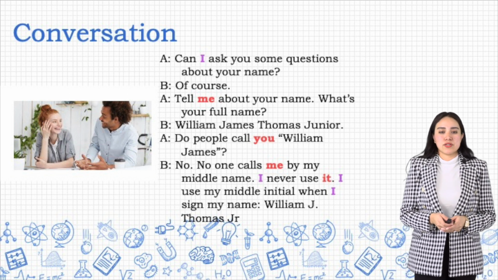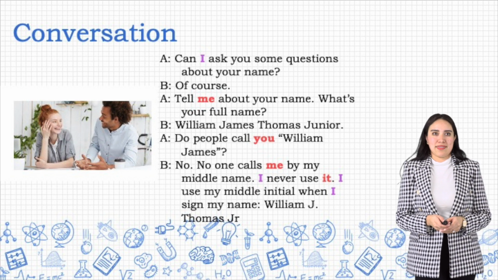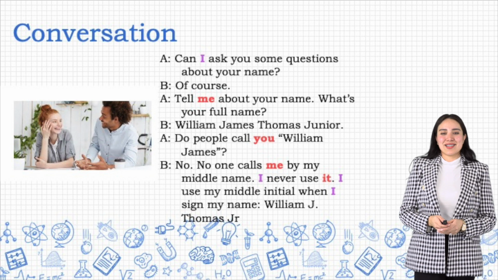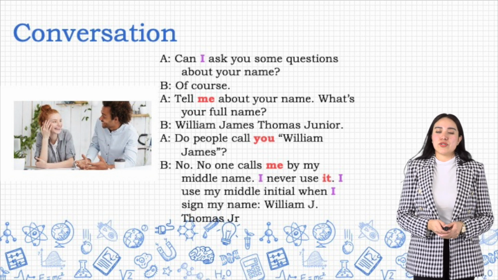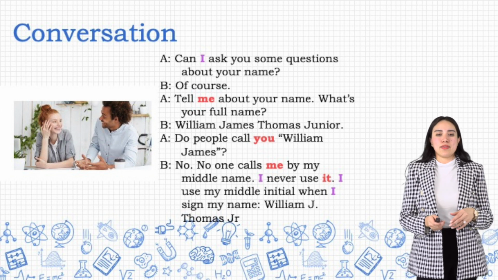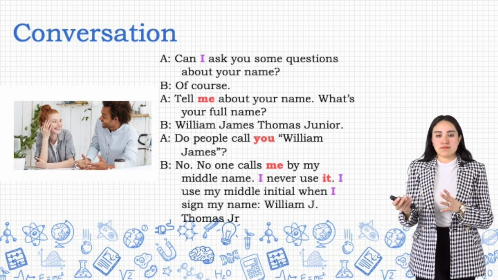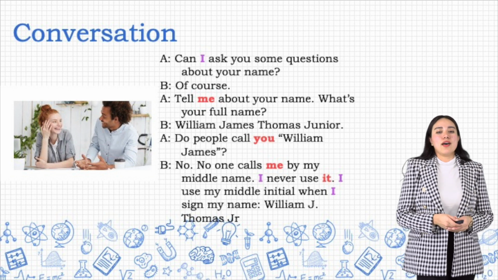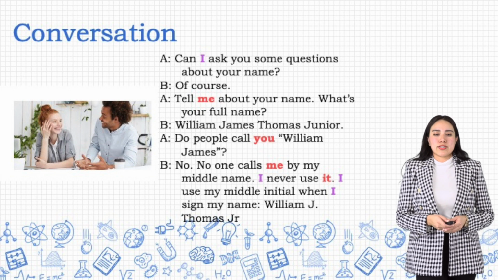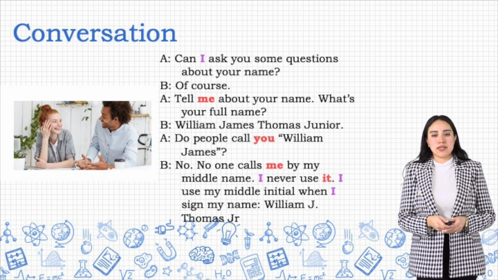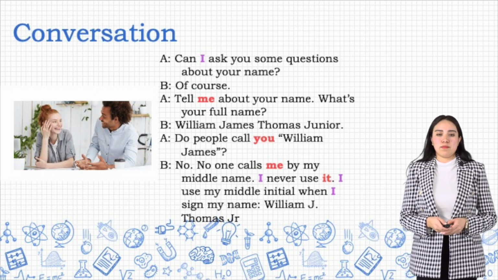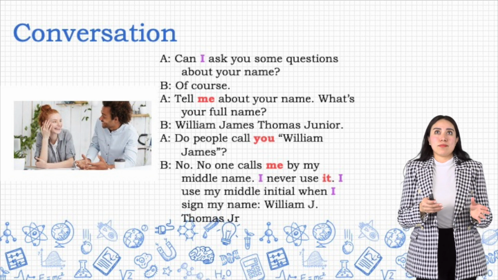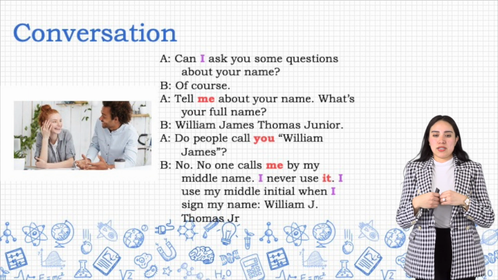In the first line, we have "Can I ask you some questions about your name?" Here, as you can see, we have the word "I." And letter B, we're going to continue with this conversation. Letter B: "Okay, of course." Letter A: "Tell me about your name. What's your full name?" As you can see, we have this word "me," so that means that I am receiving an action.